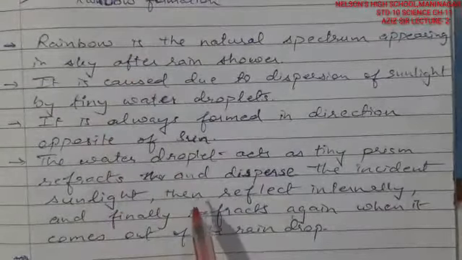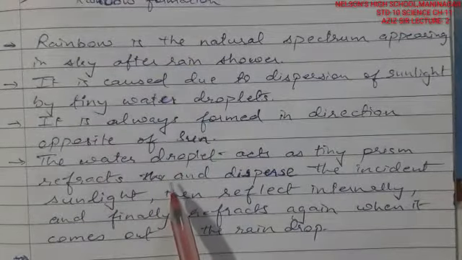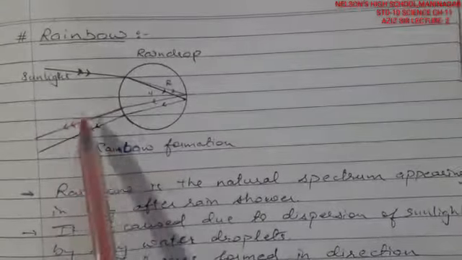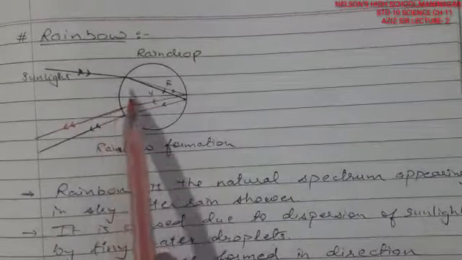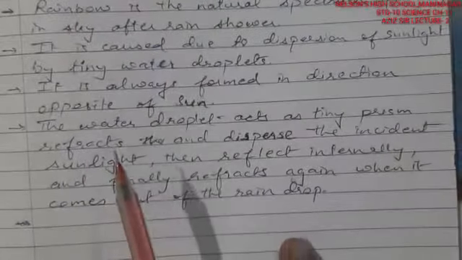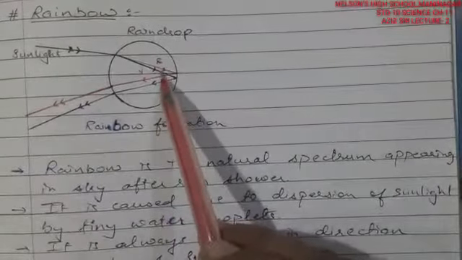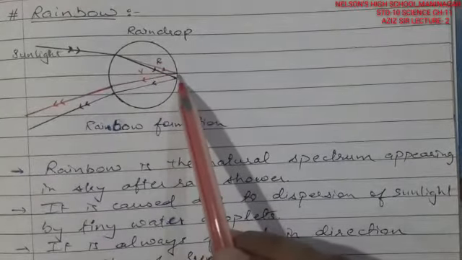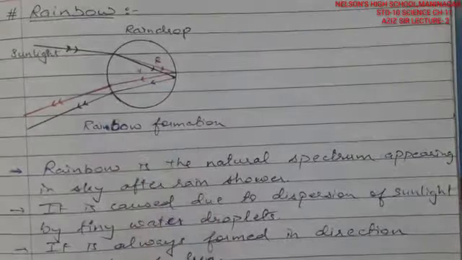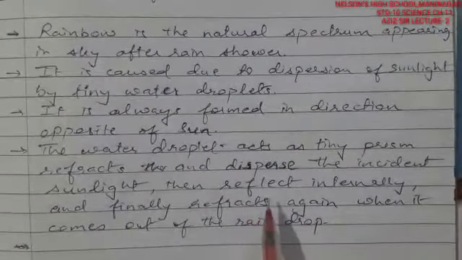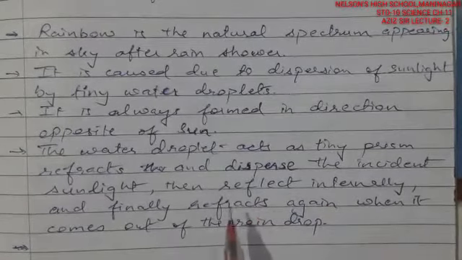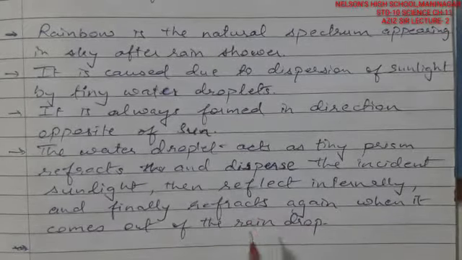Then it disperses the incident sunlight, which is the dispersion phenomenon, and reflects it internally. This phenomenon is called total internal reflection. The light reflects internally and finally refracts again when it comes out of the raindrop.